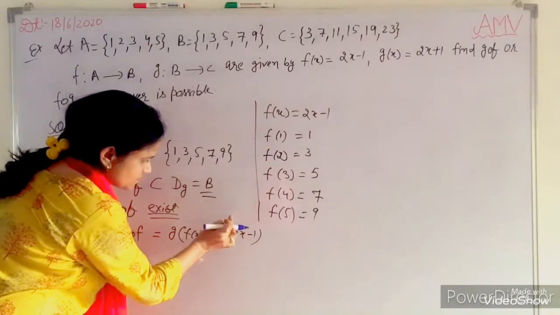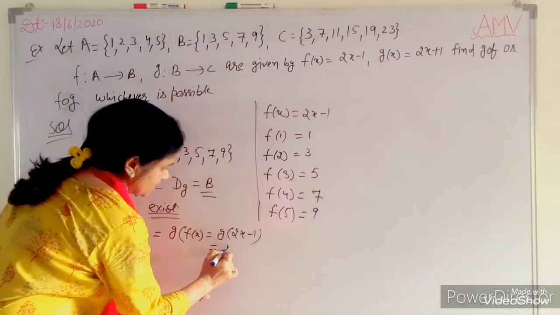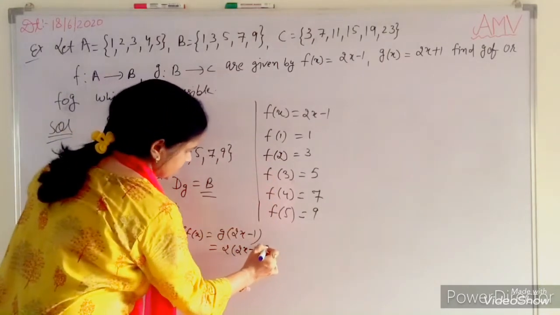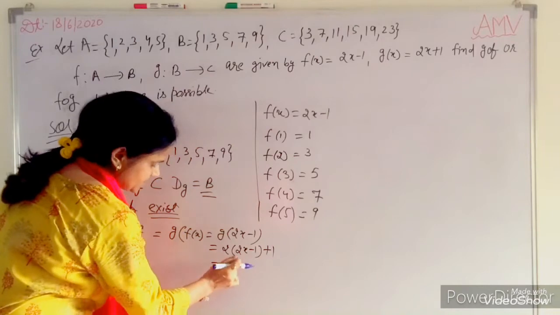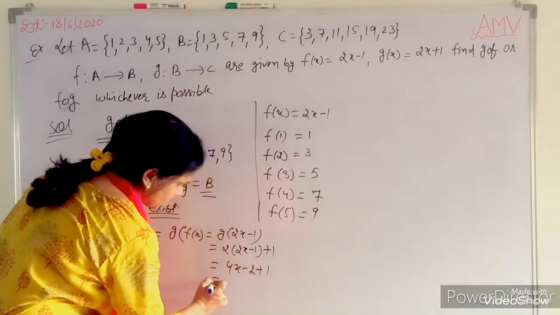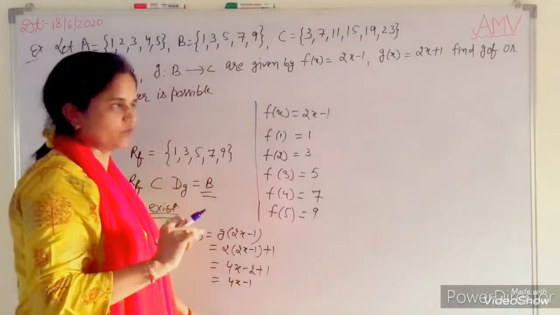Now consider this whole value as x. So you will get 2 into (2x minus 1) plus 1. It is 4x minus 2 plus 1. You will get, student, 4x minus 1.